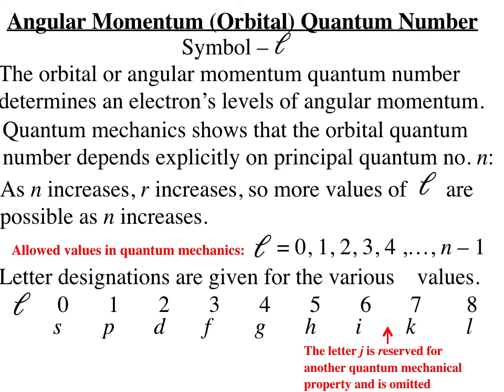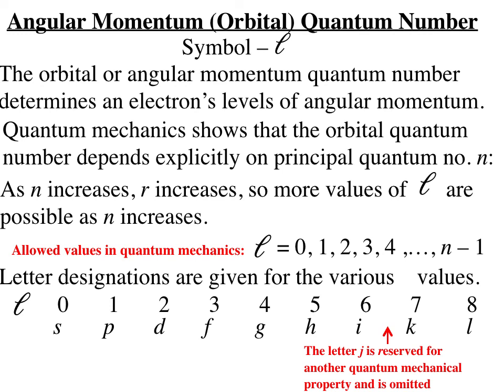Again, please remember, they go weirdly SPDF for the first 4, and then they go alphabetically from there. So you should be able to tell that an F orbital has L equal 3, but you should also know that an I orbital, by fooling around with the numbers, has angular momentum integer 6 and so forth. You should be able to figure those sorts of things out. And you should also remember J is left out.